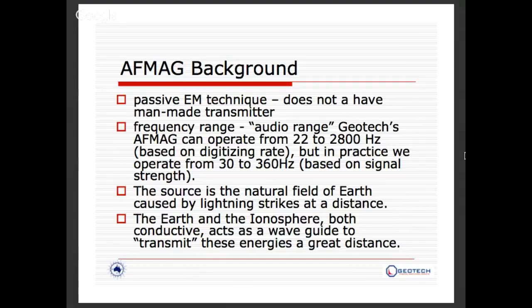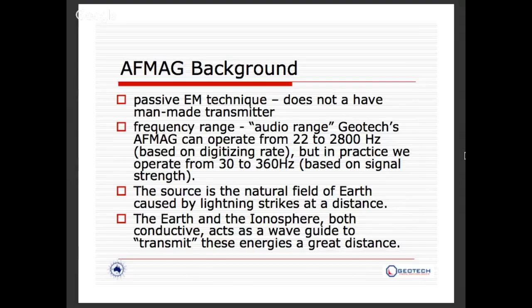One limitation of this method is that if we have a thunderstorm very close by, we cannot do anything, because it's too close and the source is not going to be proper for the technique.